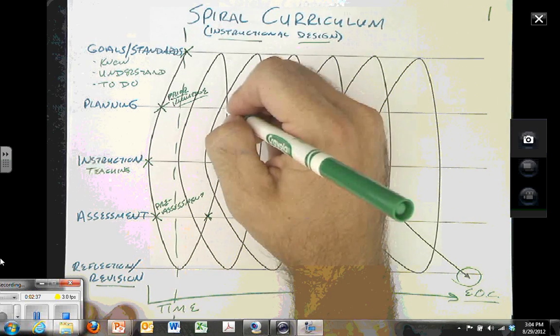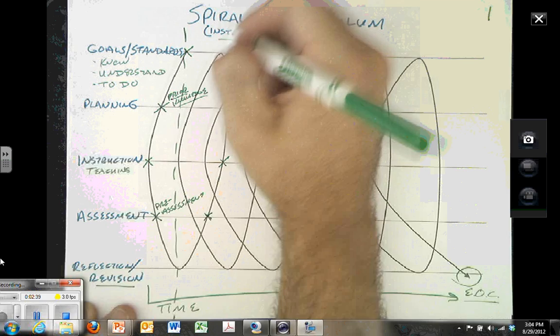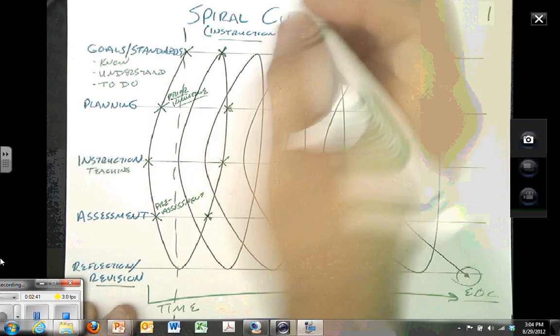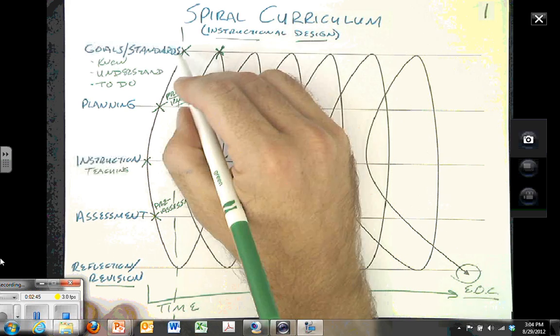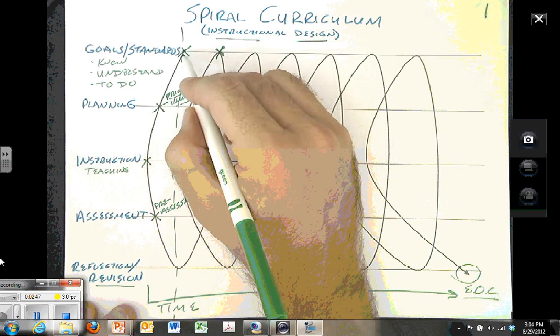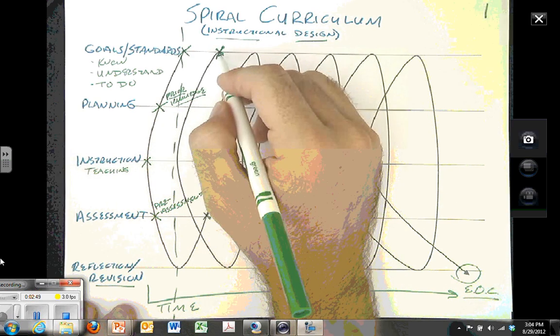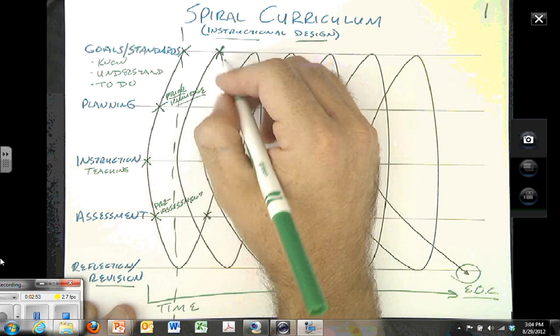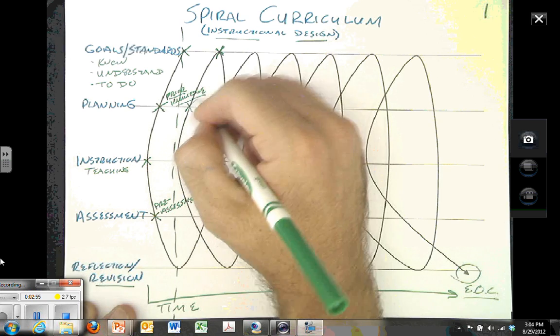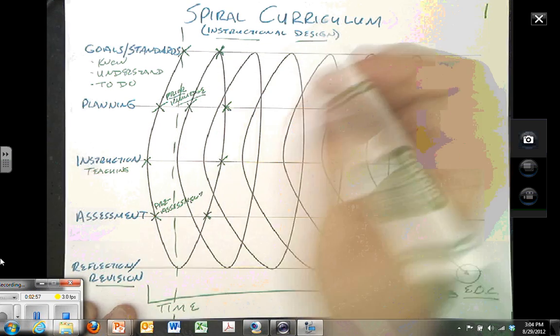Then I think about how I would plan that lesson, and I come back, okay, what goals or standards am I going to be focusing on that build upon what I've already focused on, that activate prior knowledge, but also introduce new skills? Once I've decided that, I come back to planning.